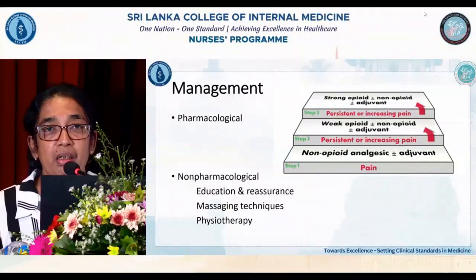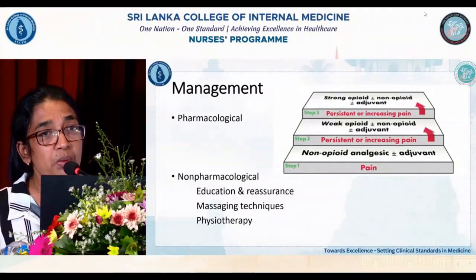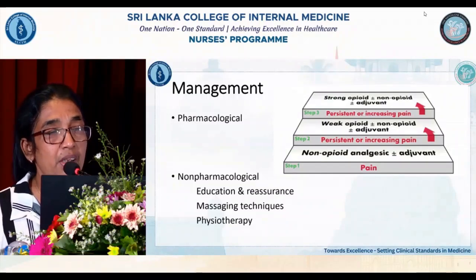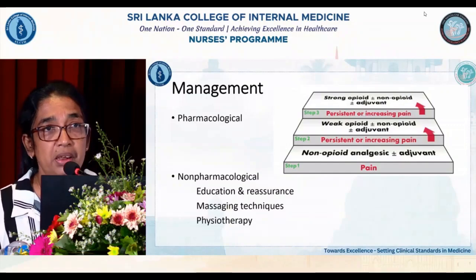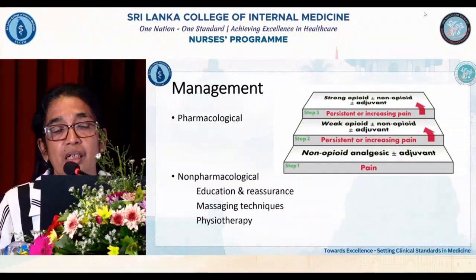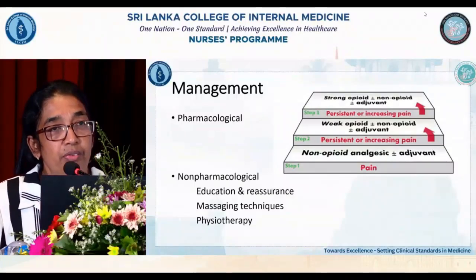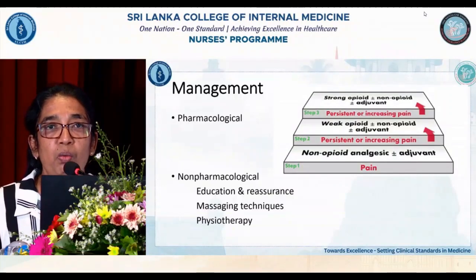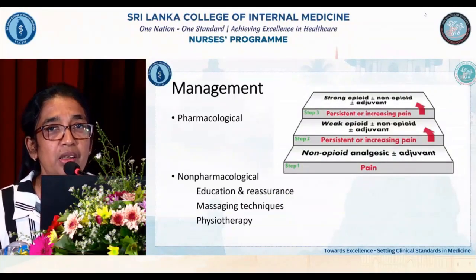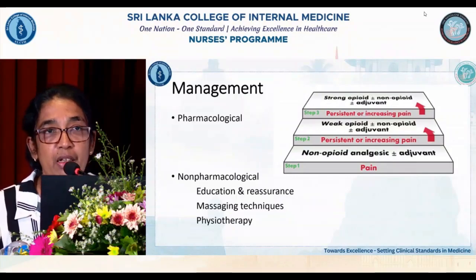Sometimes it is massaging techniques, sometimes education, reassurance, and reassessment of the patient. Those things are done by the nursing officers. And in physiotherapy, I think you know the basics, like massaging techniques and heat and cold fomentations. Those things you are taught in your nursing school, so they can be applied in any ward.